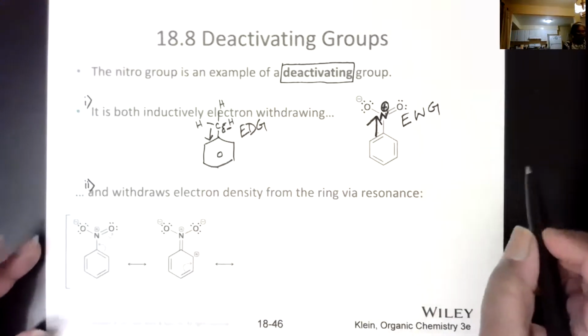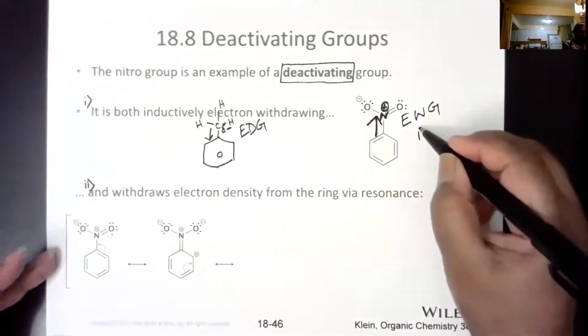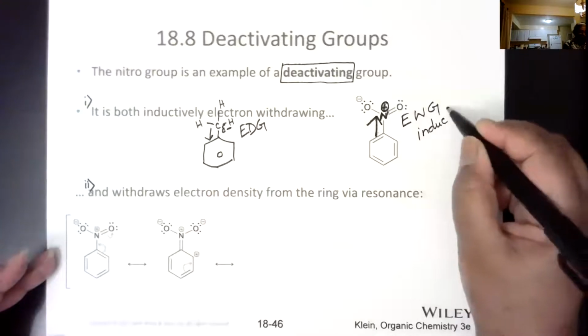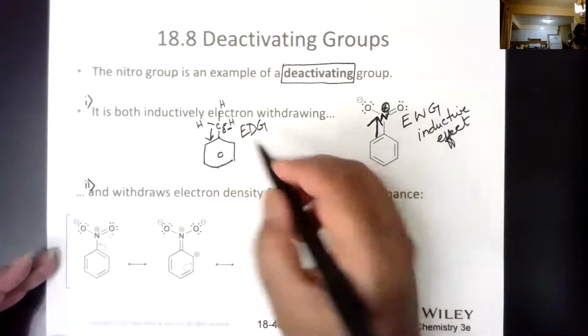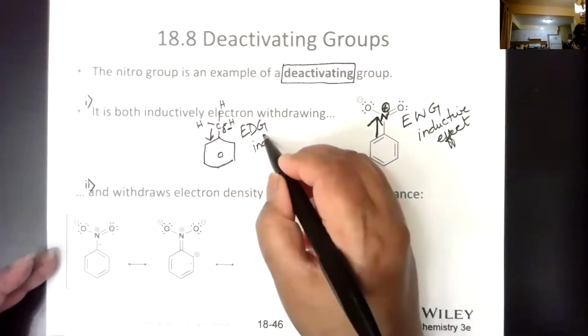And how does it perform as an electron withdrawing group? It's through inductive effect. And this is also through inductive effect.